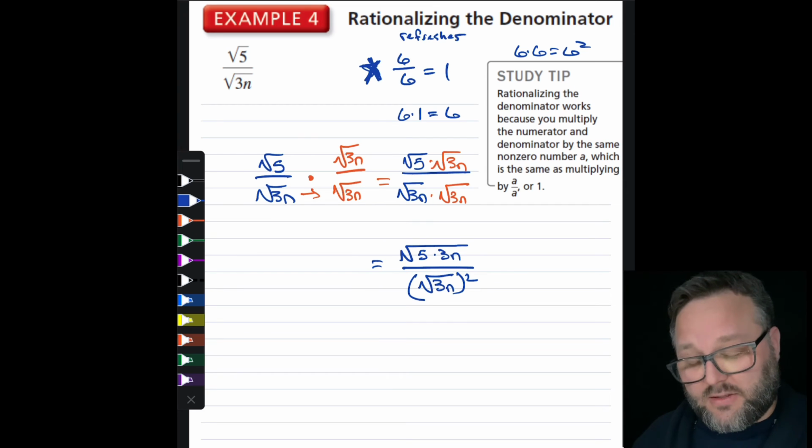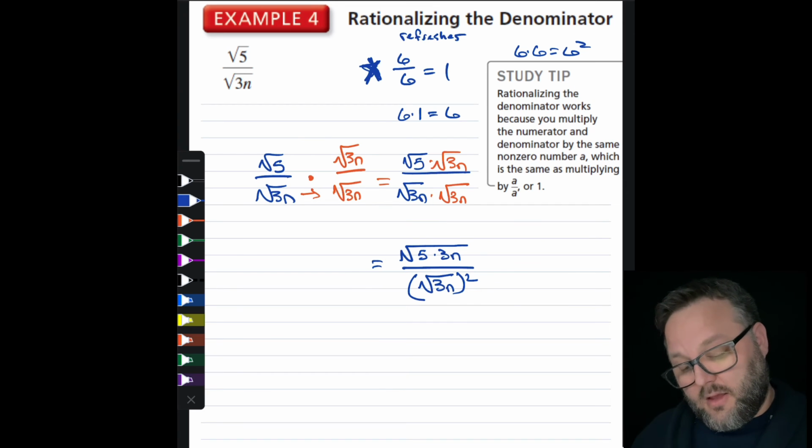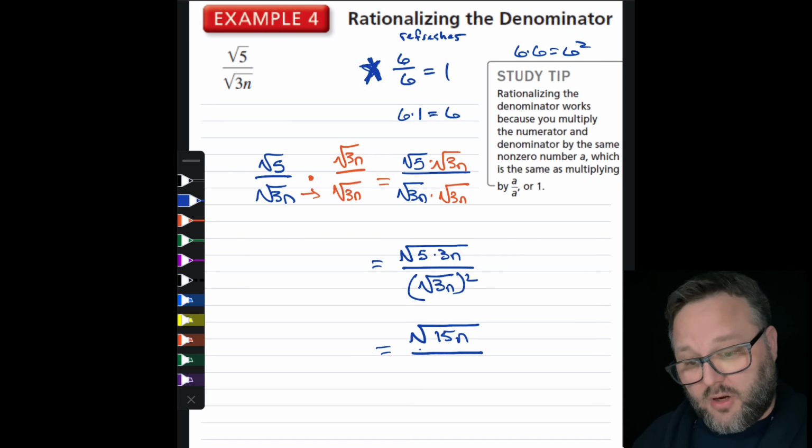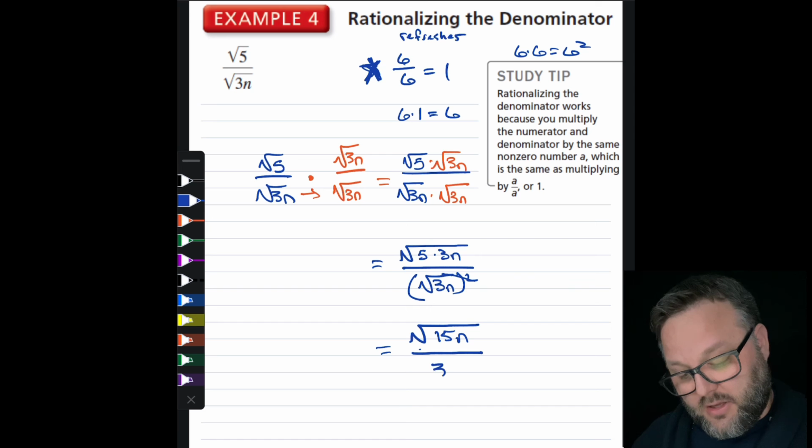So there's 3 facts we've used so far. And we can simplify even further because under this radical, 5 times 3 is 15, times n, all divided by, well, squares and roots are opposite operations, so they cancel each other, and it leaves us with 3n.